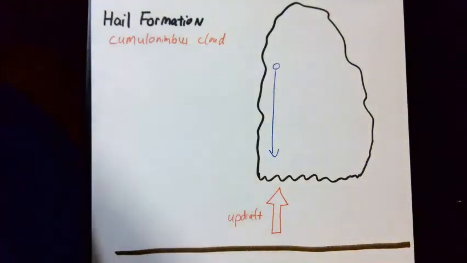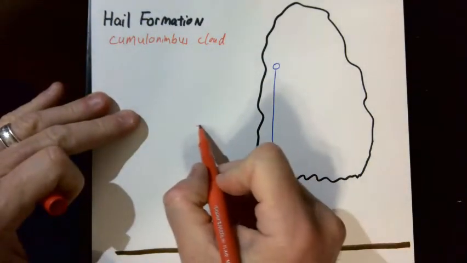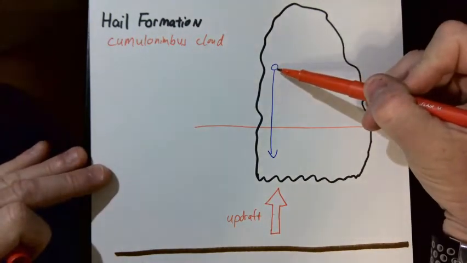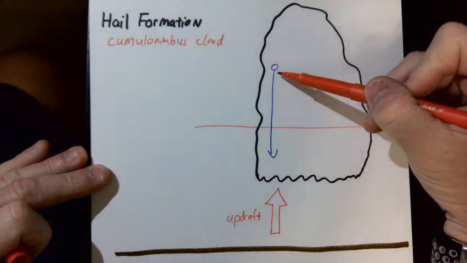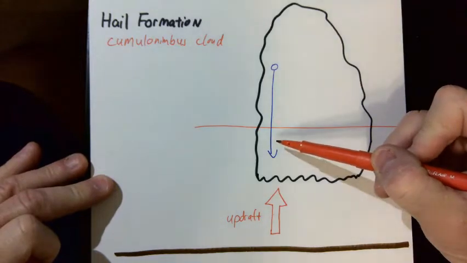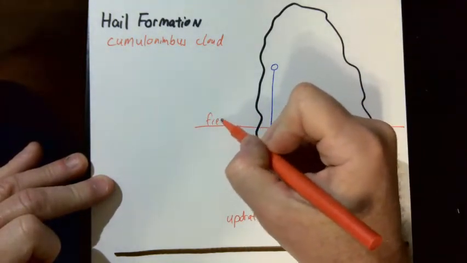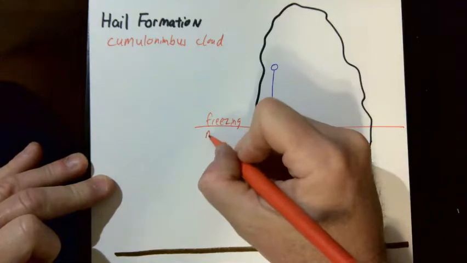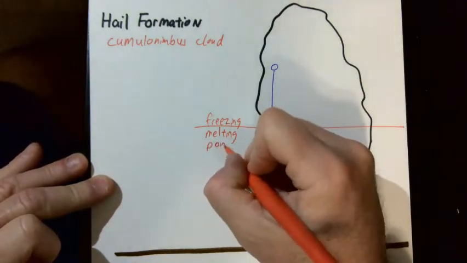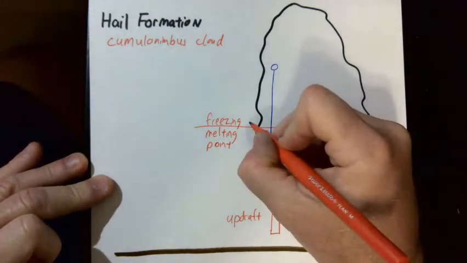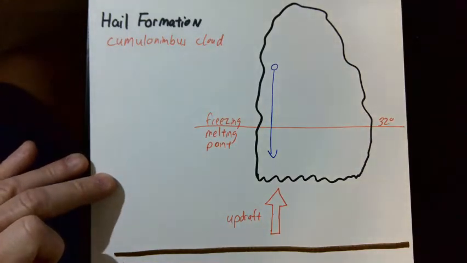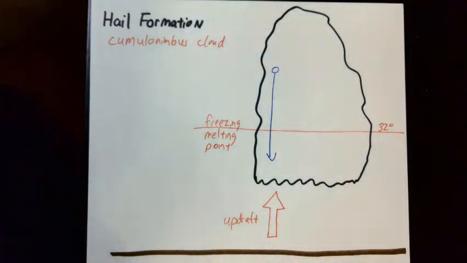Now, at a certain point, remember, my frozen precipitation, my frozen piece of ice, which is how all precipitation starts, is going to get low enough that it's going to melt. At some point, you've got a freezing/melting point. For argument's sake, let's say this is my 32-degree line, because we know that's where water freezes and melts.